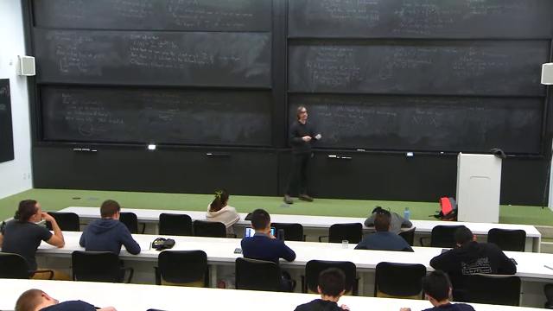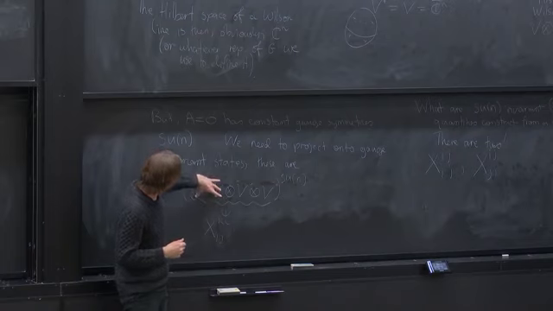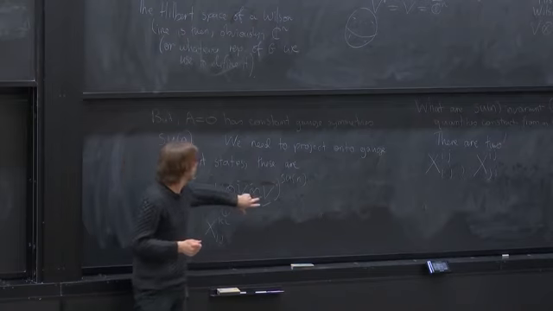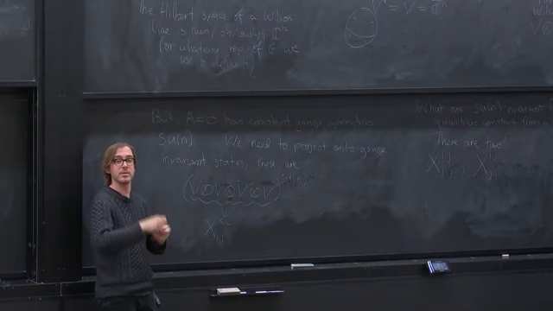This is a 16-dimensional space, and each 4-dimensional piece looks like the adjoint plus the trivial. There's 1 invariant tensor in adjoint tensor adjoint, and 1 in trivial tensor trivial, and nothing in adjoint tensor trivial. So there's still 2.